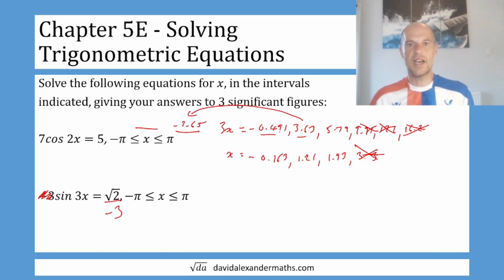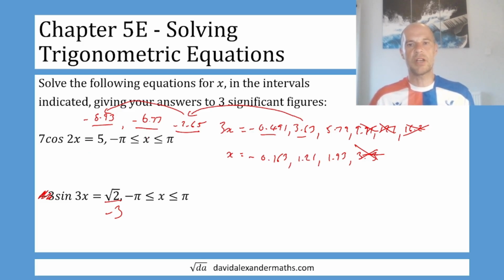And the one before that is negative 0.491 take away 2 pi, which is minus 6.77. And if I want one below that, let's work it out. Why not? Is negative 2.65 take away 2 pi, and that is minus 8.93. So these are all my solutions for 3x.